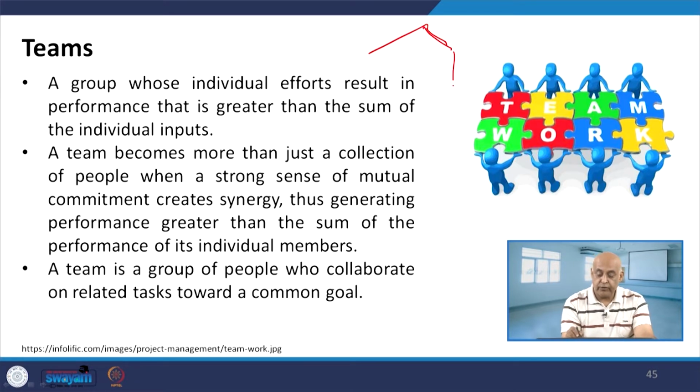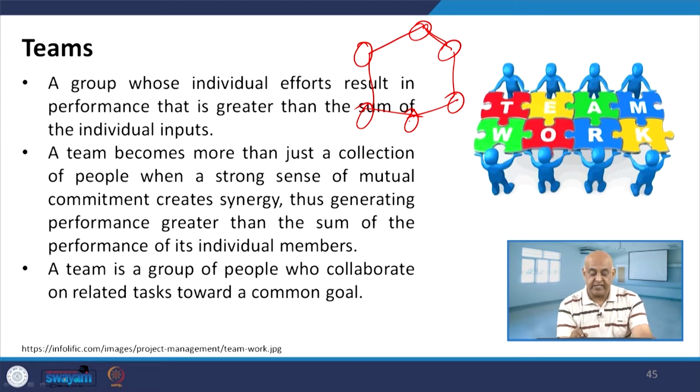And here I would like to mention, diagrammatically, this is the group. These are six people, six employees working together, connected with each other. But as an official or formal group, there is interdependency among them, yet there is no synergy.